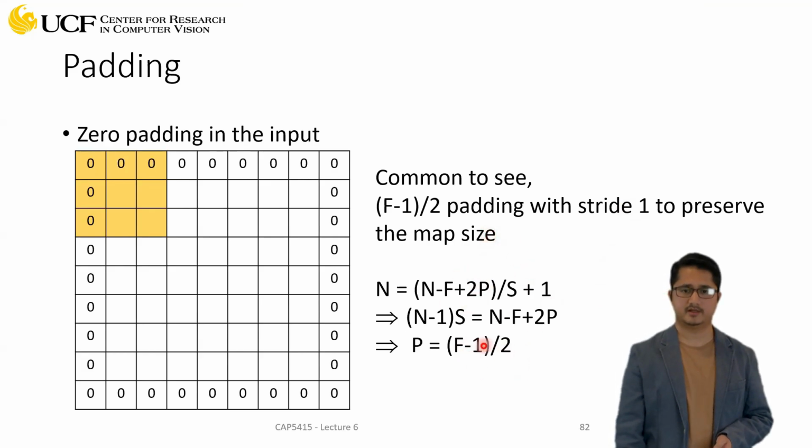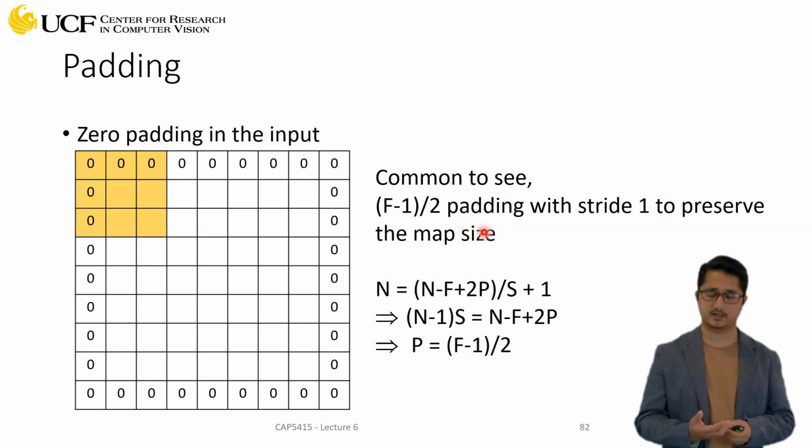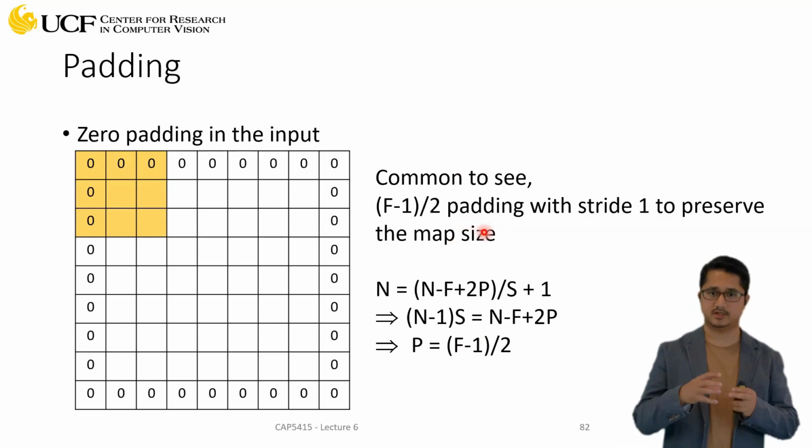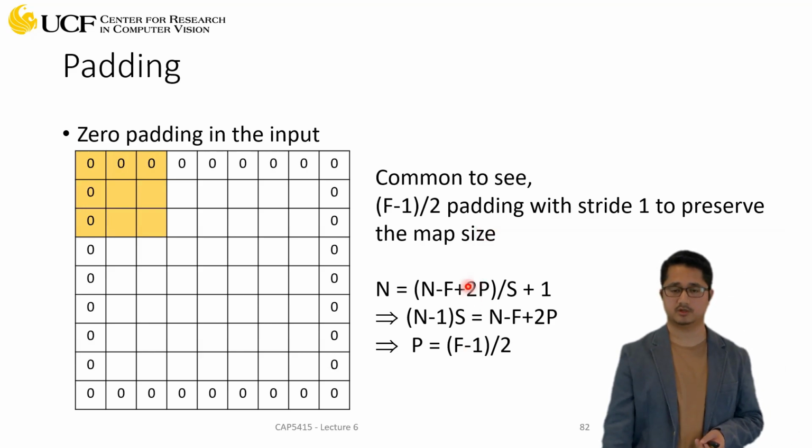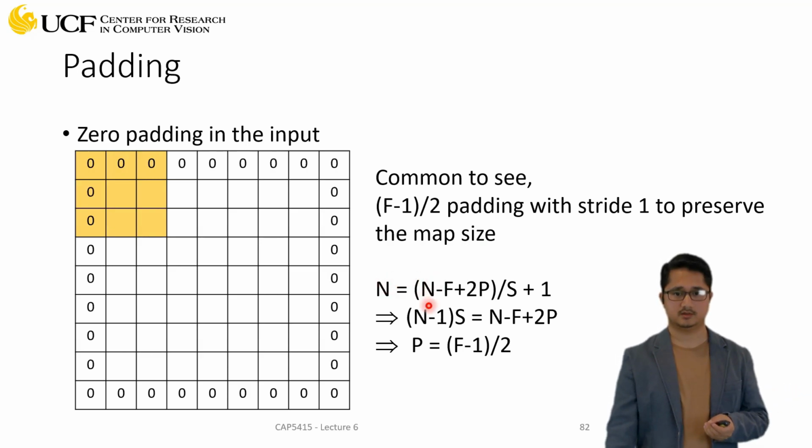Okay, so then the idea is if you want to figure out what kind of padding you have to use so that you preserve the shape, then you can again make use of this formula. Because if you want to preserve the shape of the volume, then the output should be n, which is again the shape of the input. And then you can just solve this equation.